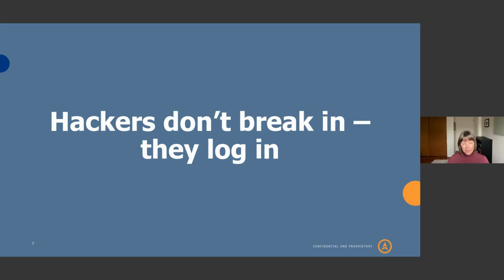So this is just a reminder that the vision that everybody has in their head of hackers madly going at systems with all the numbers falling down their screen isn't exactly true. What we've seen a lot in the last year is that people hacking into systems are actually just logging in due to compromised credentials. They're not breaking in through some very technically advanced backdoor.